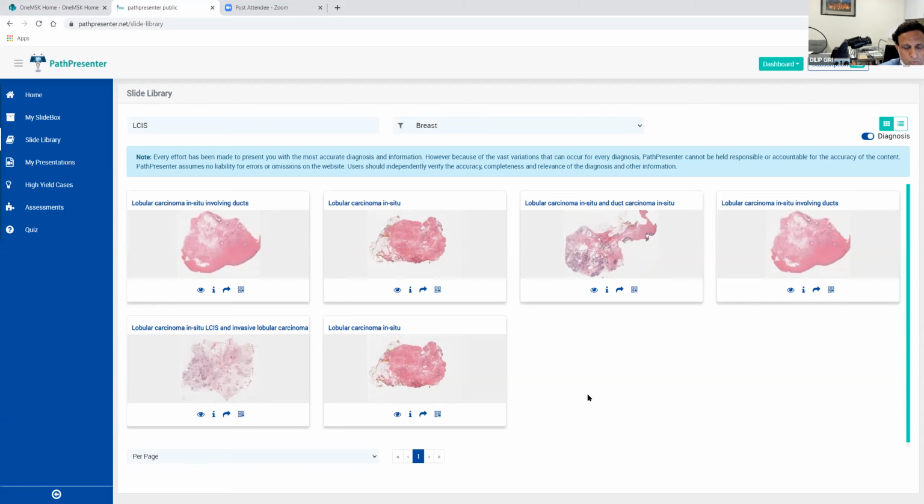You will not find too many studies that go into the prognosis and what happens. Is this the same as classic LCIS? Is this more aggressive than that? How does it differ from DCIS? One would like to get answers to all these questions.